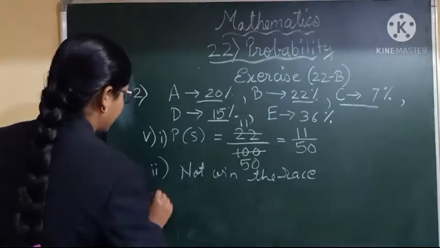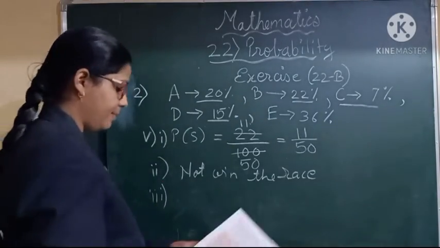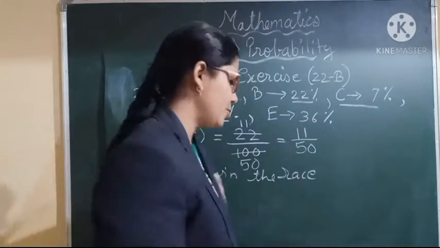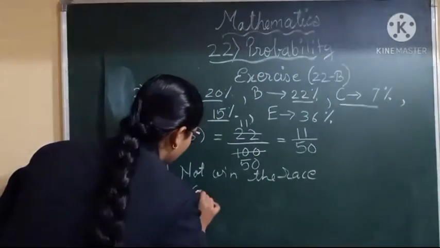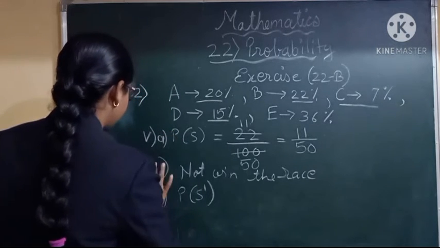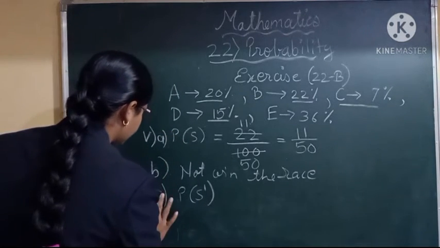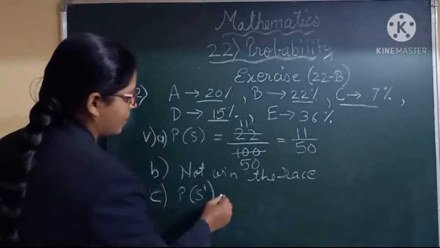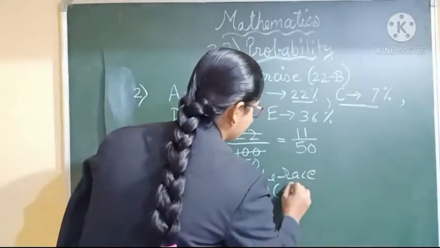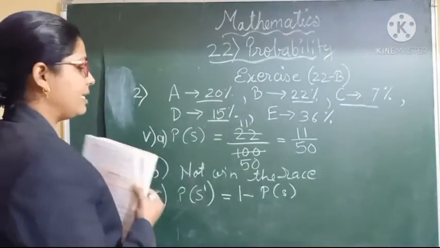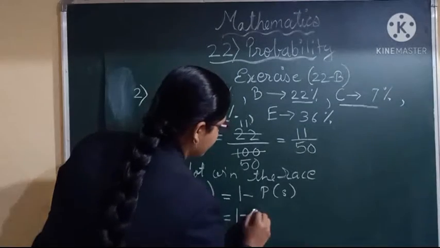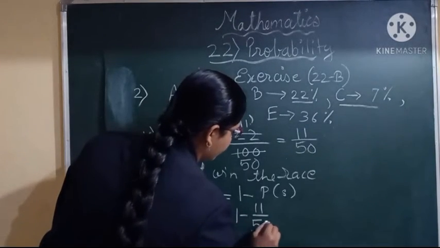Okay. Then the third part in the same, it is asked, find the probability of S dash. So probability of S dash will be 1 minus P of S. So 1 minus 11 upon 50.